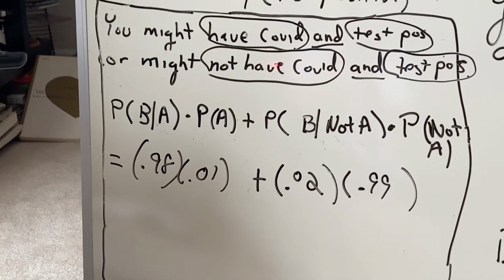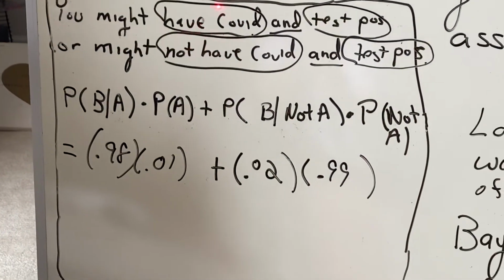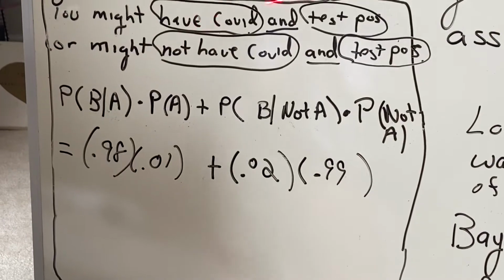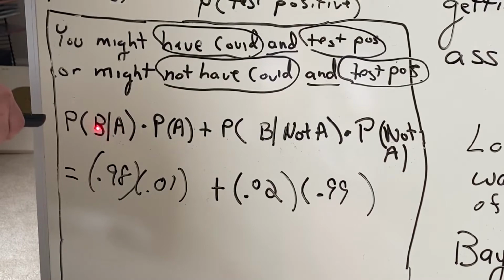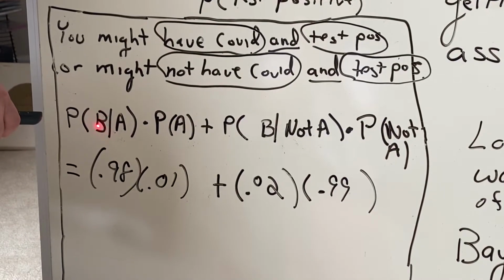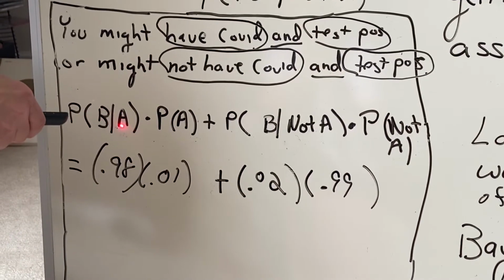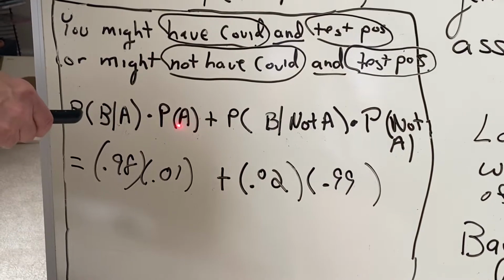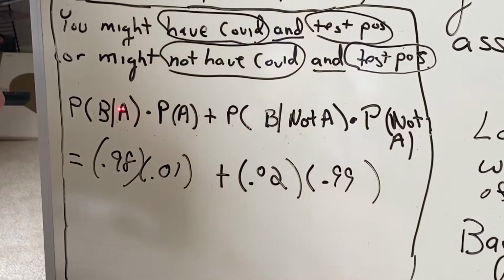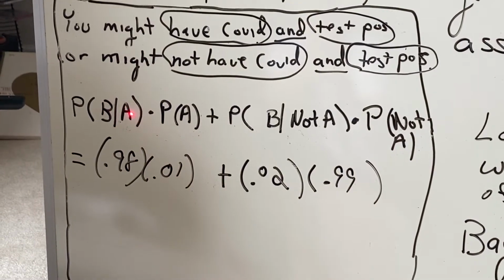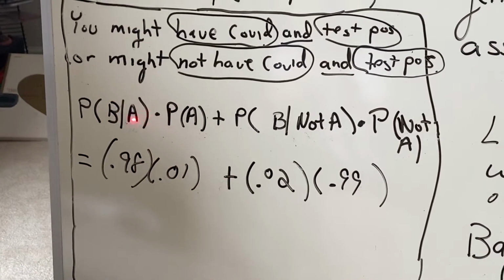Okay, so what about having COVID and testing positive? Well, this is the probability of testing positive given that you have COVID times the probability of having COVID. So forget this given part for a second. It gets into dependence and independence, and I'm not going to go there for this session.